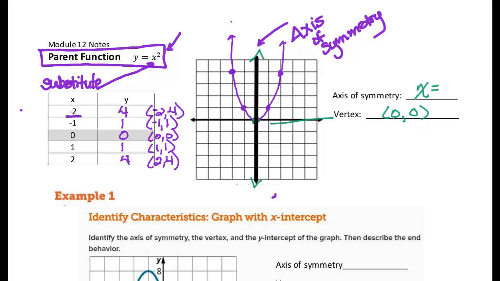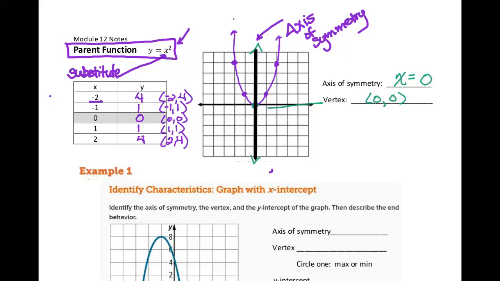What is the equation of that line? X is equal to what? What is the x coordinate of the vertex on that line? So that means it is x is equal to 0. So the y-axis, the equation for that is x is equal to 0.